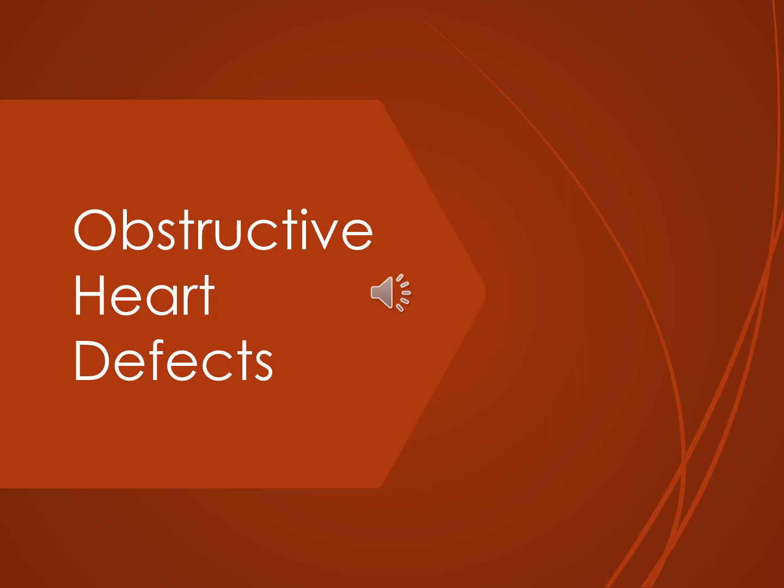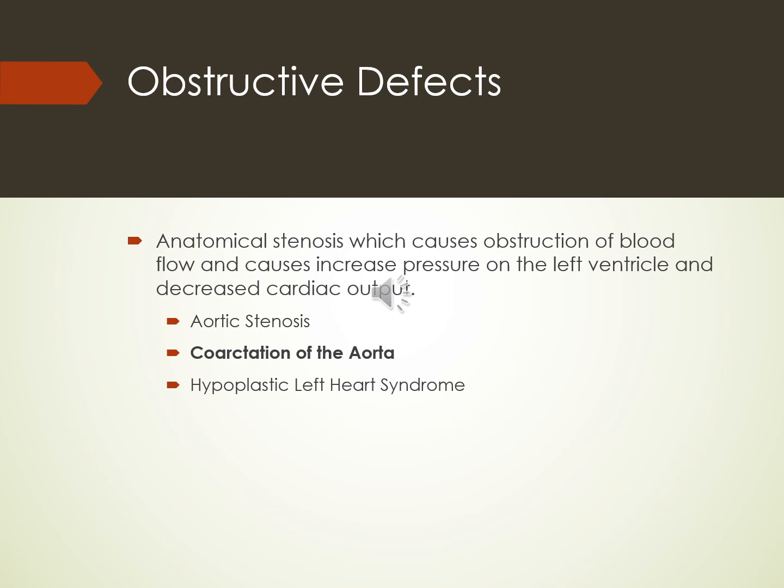Now let's talk about obstructive heart deficits. What is an obstructive deficit? It's an anatomical stenosis, which causes an obstruction of blood flow and causes an increase in pressure on the left ventricle that decreases the cardiac output. So we have aortic stenosis, that's a narrowing of the aortic valve.